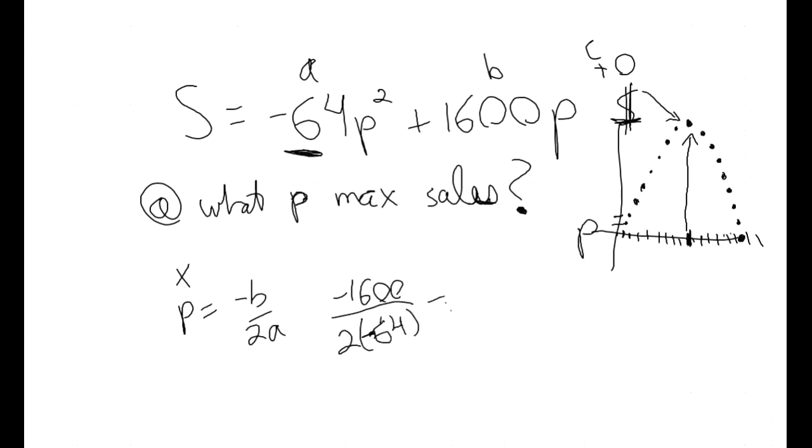And then let's see, I had 1600 over 2 times 64, which should be 128. That's also negative 128. The negatives will cancel, and that's nice. And then I don't know how many times 128 goes into 1600. Okay, I'm doing it on the calculator, 1600 divided by 128. Looks like 12.5.